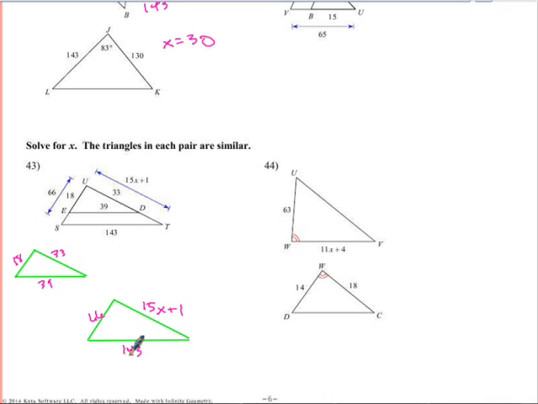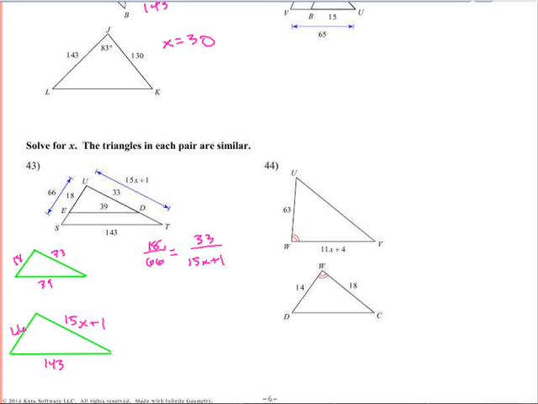So then, you pick two sides. If it tells me the triangles are similar, I know that I'm going to have 33 over 15x plus 1, and then I'll use 18 and 66. Okay, and you're going to have to distribute and use some algebra skills here to get to the answer.